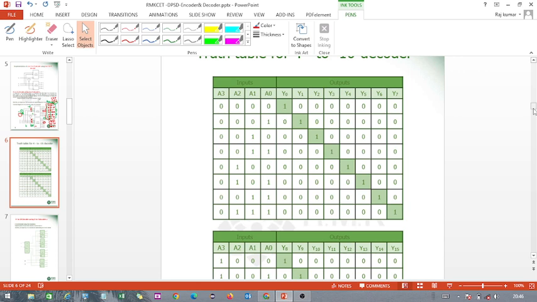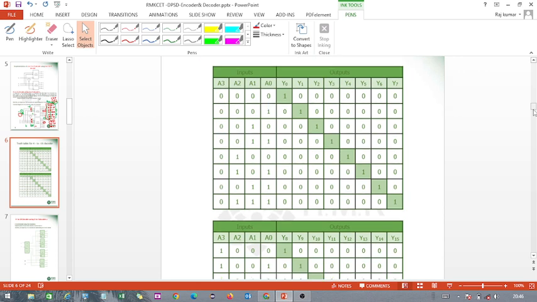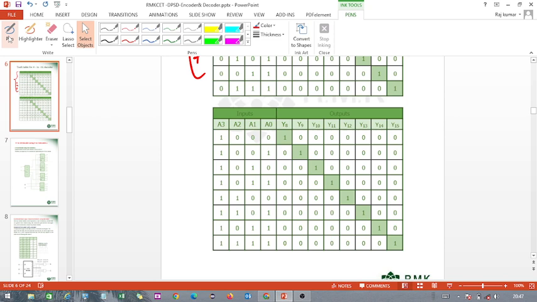So the first part is speaking about the values 0 to 7, and this part is speaking about the values 8 to 15. Okay, so this is how it works.